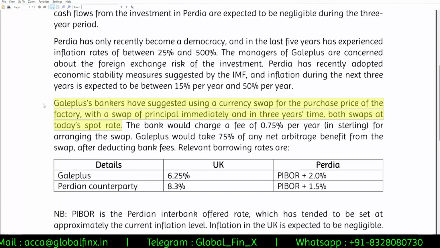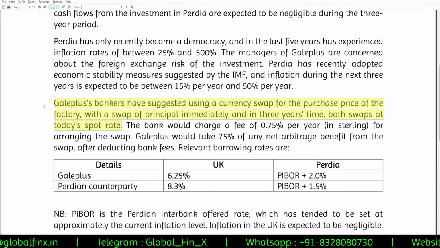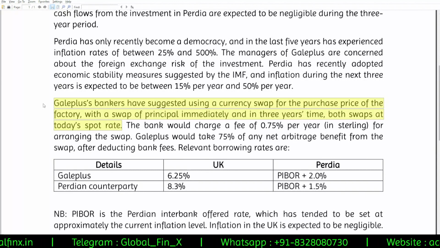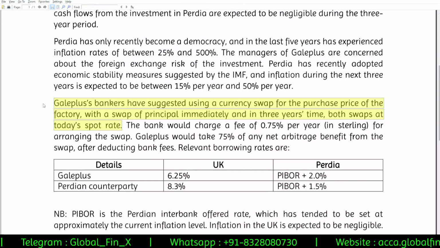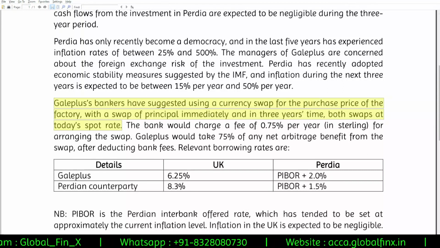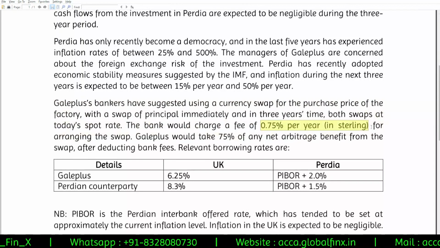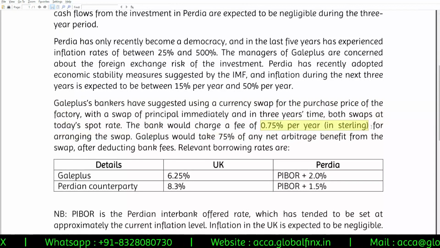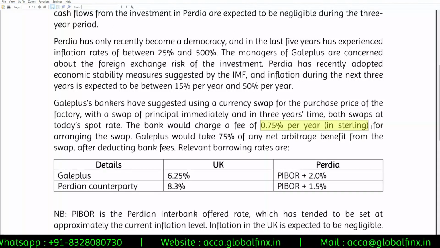The bankers are suggesting that today as well as after 3 years, the same principal amount of 2000 million will be swapped, and the banker would charge a fee of 0.75% per year in sterling pounds. That is the banker's fee for arranging the swap.